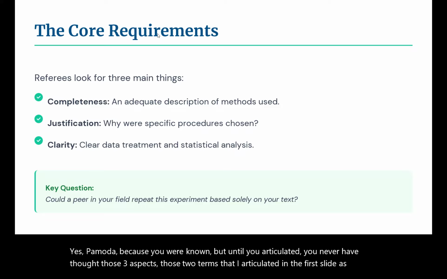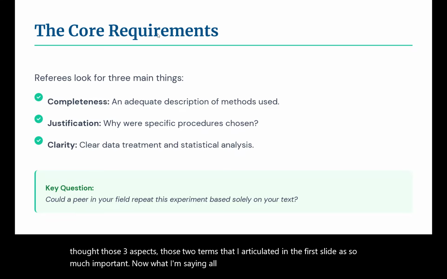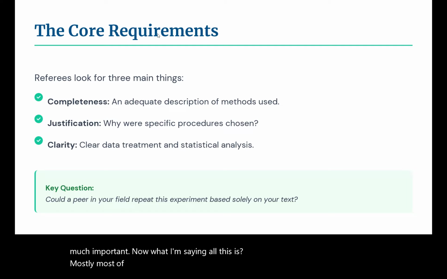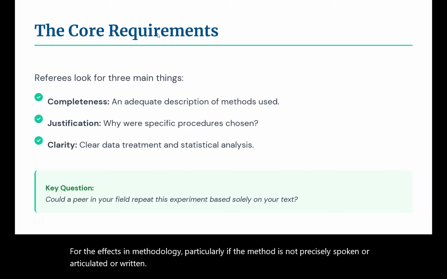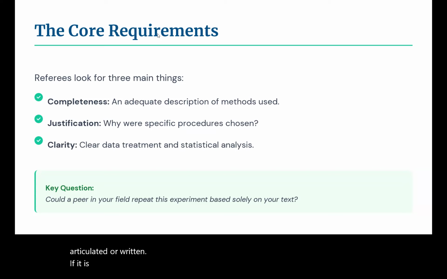Now, what I'm saying all this is that most of your research is rejected at the desk of the reviewer for defects in methodology, particularly if the method is not precisely articulated or written. If it is not properly written precisely, it is difficult for someone else to replicate it.